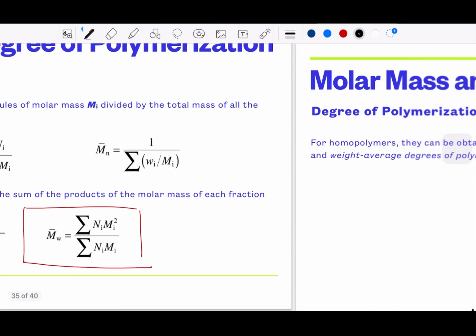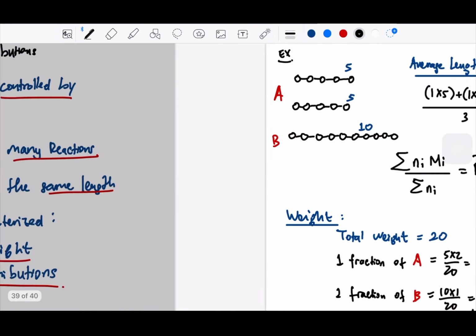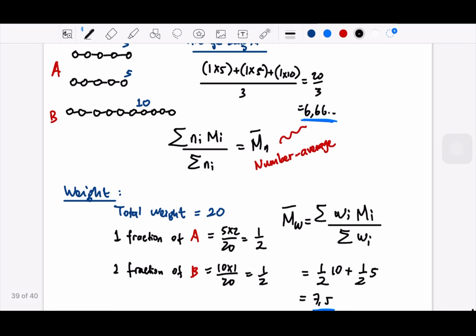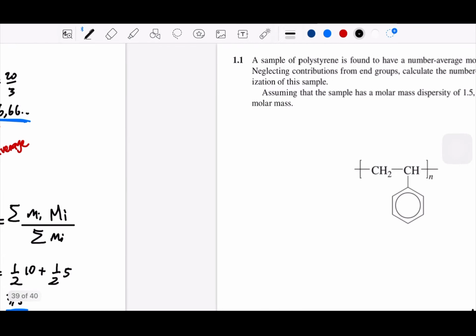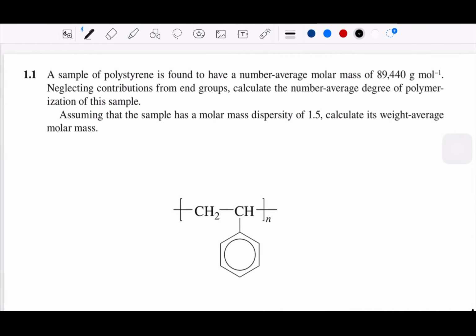So example. Why I changed to W? It's correct. This is correct. Because W is the fractions. Okay, this is fractions. Okay, one example. Let me try this question here.